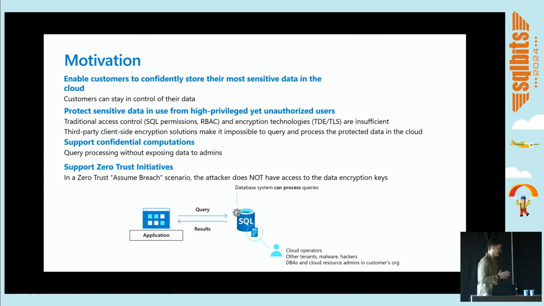So what was our motivation? We wanted to help our customers protect their most sensitive data in the cloud, like credit card numbers, social security numbers, and stuff like that. But on the other hand, we also wanted to keep customers in control of their data. For example, we wanted to have their sensitive data protected from high-privileged users.